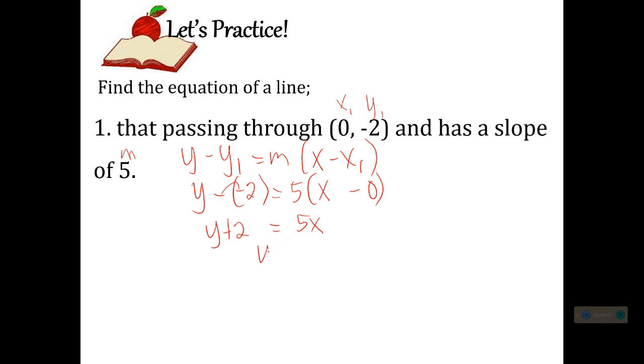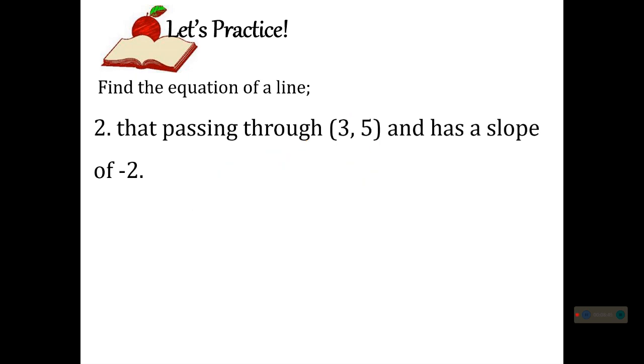And then, you will have here y equals 5x. So, we have the addition property of equality, so minus 2. So, this is now our equation. Again, y equals 5x minus 2. Any question?